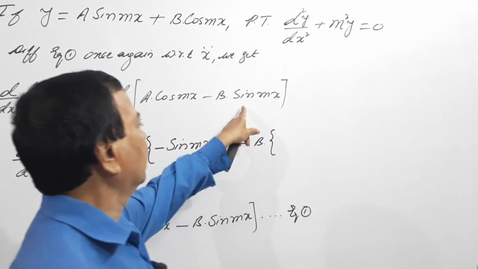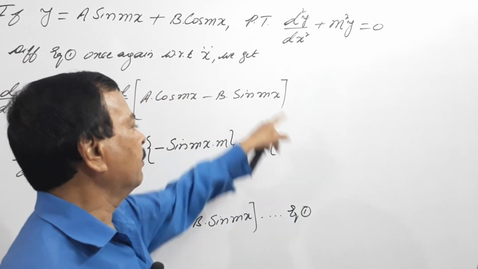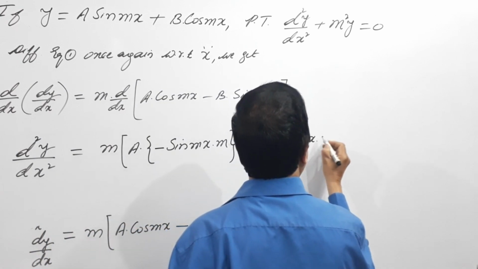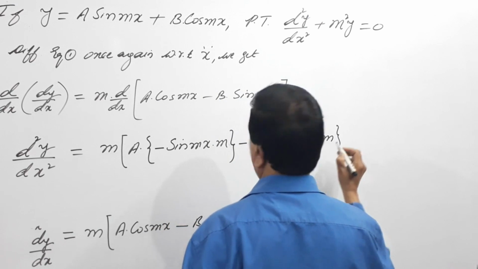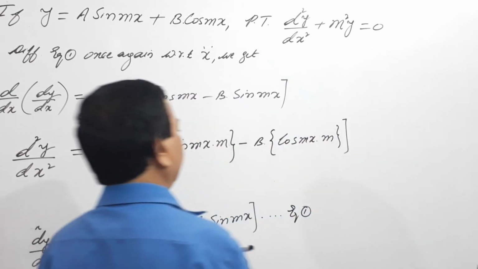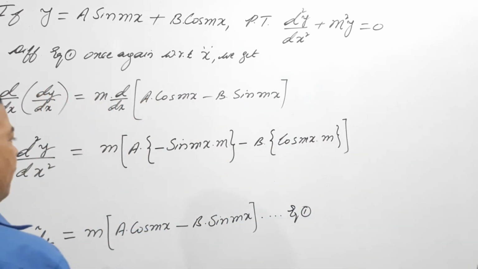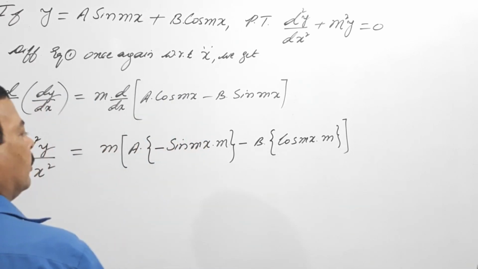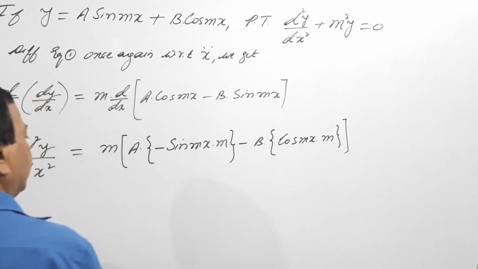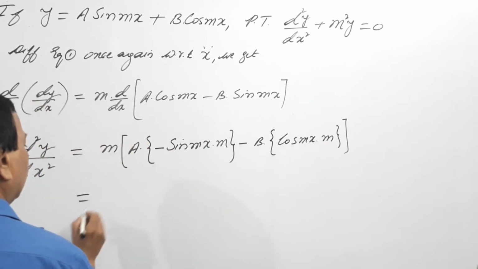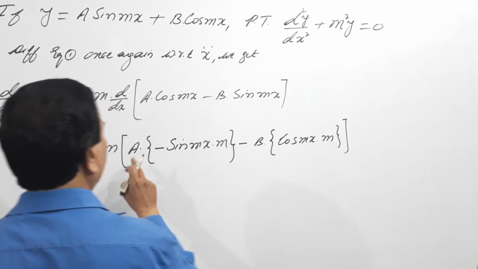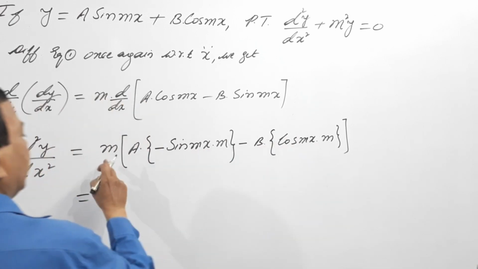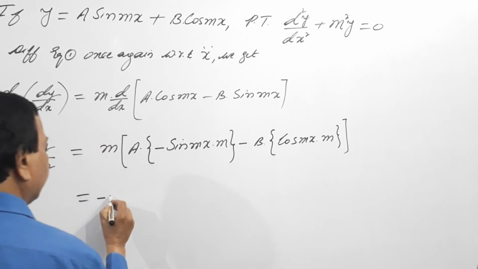If we differentiate sin mx, we get cos mx into m. So once again I take this m outside. What happens here? We have a minus sign both sides. I take minus. So this m, once it comes out into m, becomes m square.